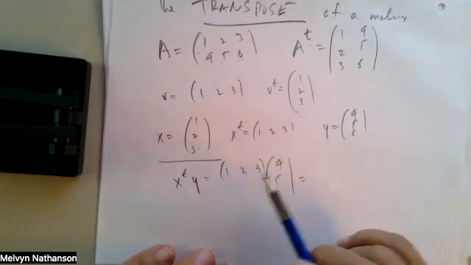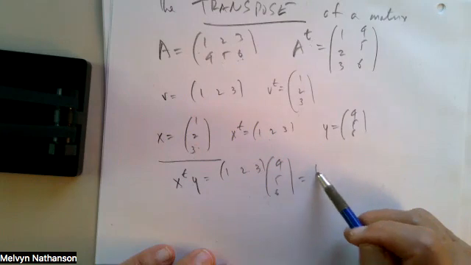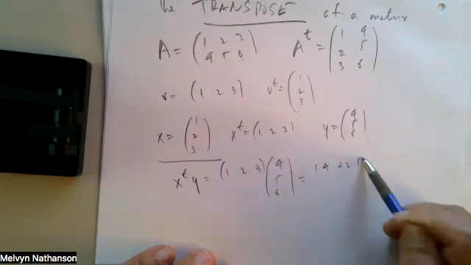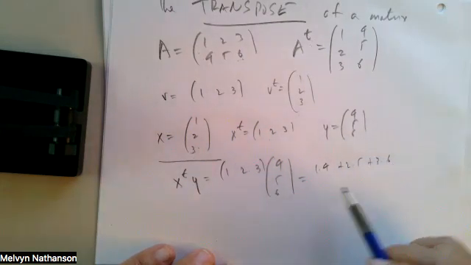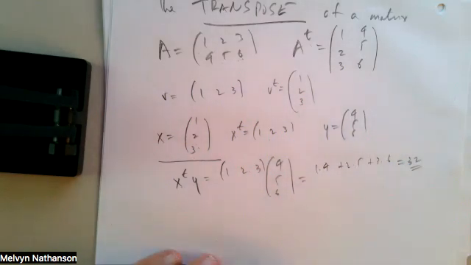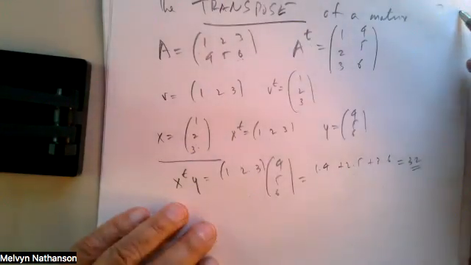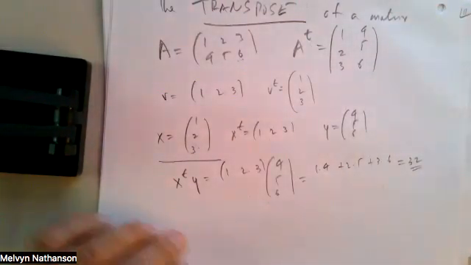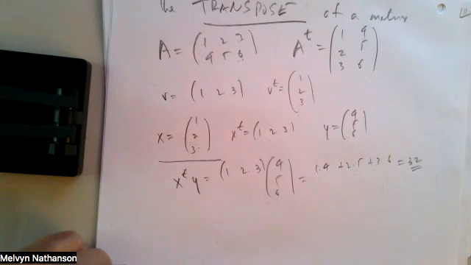By the rule for multiplying a row times a column, this is 1 times 4 plus 2 times 5 plus 3 times 6. 14 plus 18 is 32. So we'll see the transpose a lot later, but it's important to get used to seeing it. This is just a simple operation on matrices and vectors. You interchange rows and columns. That's the whole thing.